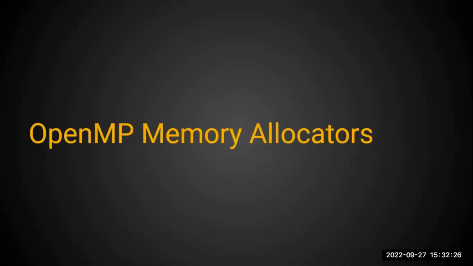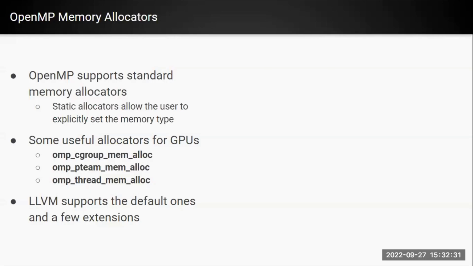Let's take a look at memory allocators. The standard supports a couple of memory allocators that allow you to say what kind of memory you want to allocate from. In GPU land, we interpret that so far mostly as which kind of GPU memory you want this thing to live in. There are the default ones, and there are more than what I have here.